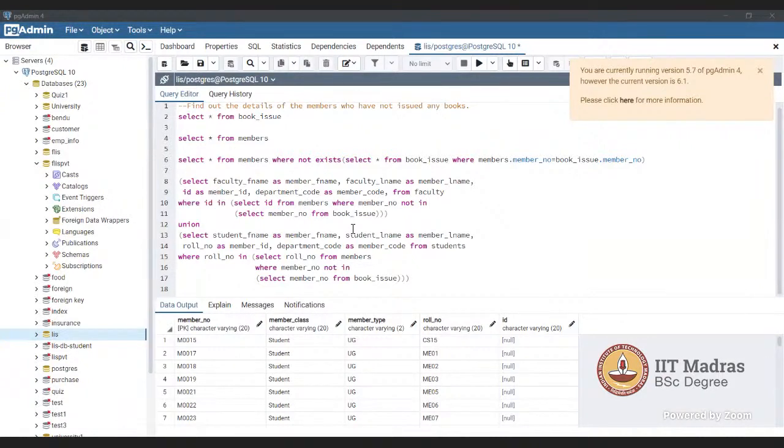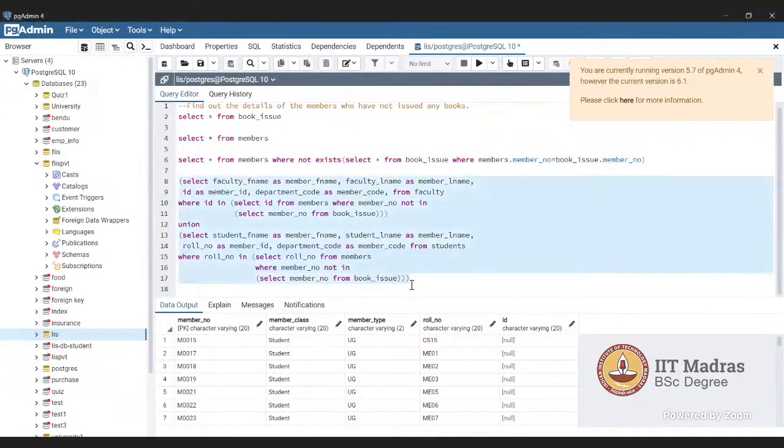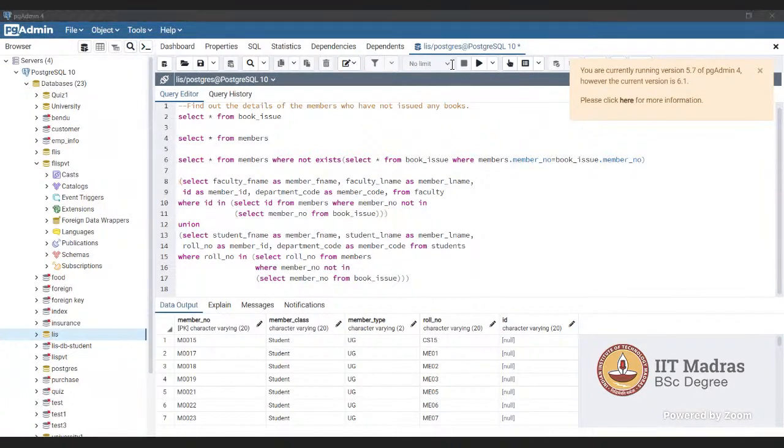Sir, I took the member table as the basis to connect with each of the other tables that have been provided in the library database, and then I named every attribute as the member table's attributes, and then found all the details of the persons who didn't issue any book.